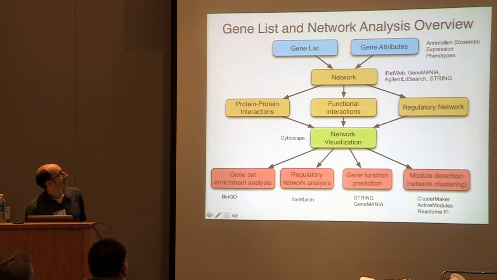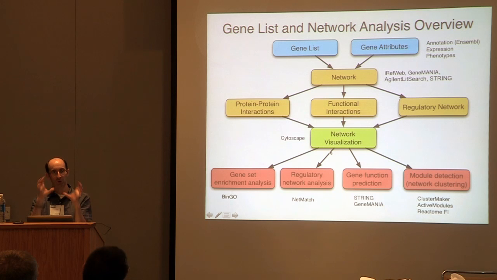Here are some apps or plugins that handle these things. You can get attributes from expression data or phenotypes. A network you can get from GeneMANIA or iRefWeb or Agilent Literature Search, or STRING. There are different plugins. You might have different types of networks, a correlation network. And then Cytoscape is the part that you use for visualizing it.